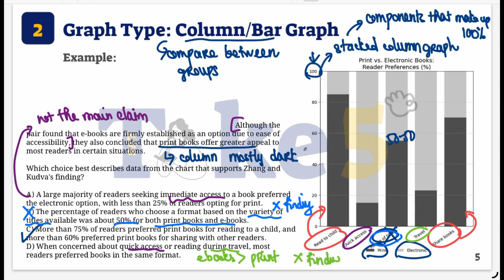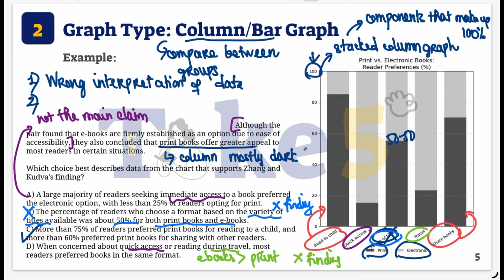It actually undermines the claim, showing readers' favor to ebooks over print books instead of the opposite. So in short, tricky answers give you either 1. Wrong interpretation of data, 2. Right interpretation of data but irrelevant or even undermines the claim.